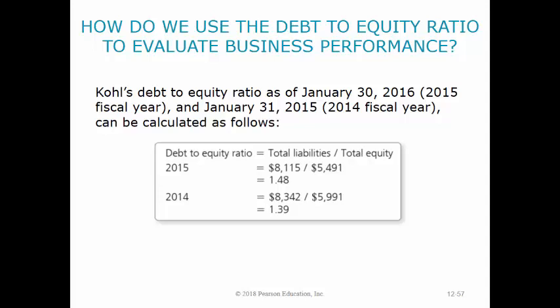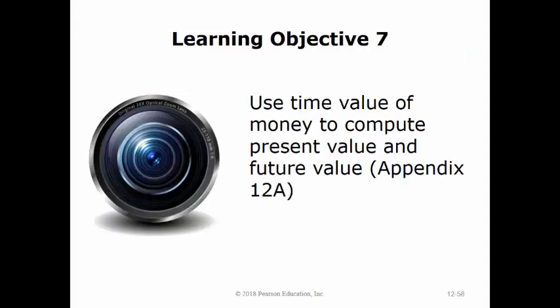This has to do with the fact that Kohl's experienced a decrease in liabilities that was smaller than the decrease in equity during 2015. Kohl's debt-to-equity ratios for both years indicate that the company is taking advantage of financial leverage, but is at a higher risk than a company that finances assets with less debt and more equity.